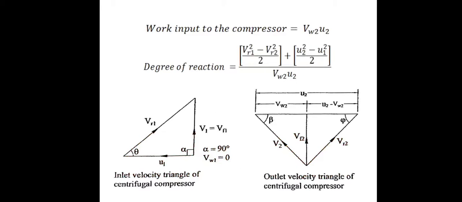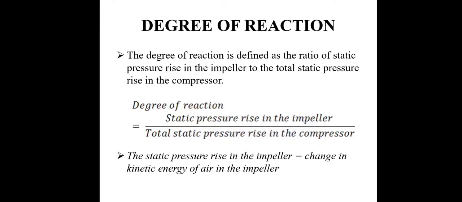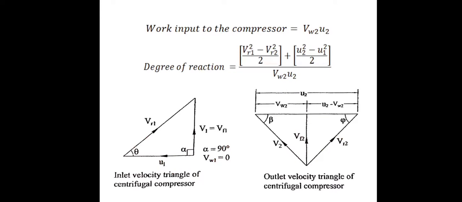So work input to the compressor, as we derived earlier, is VW2 into U2, and the degree of reaction is the ratio of static pressure rise in the impeller divided by total static pressure rise in the compressor. Static pressure rise in the impeller is (VR1 square minus VR2 square) by 2 plus (U2 square minus U1 square) by 2. So the ratio gives the degree of reaction.